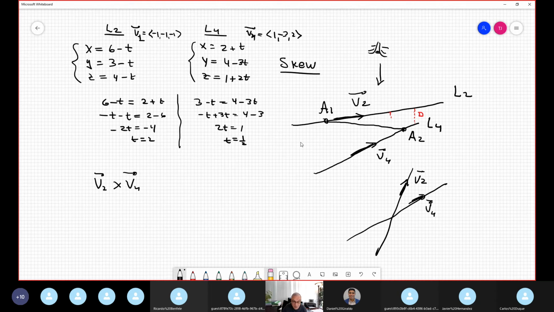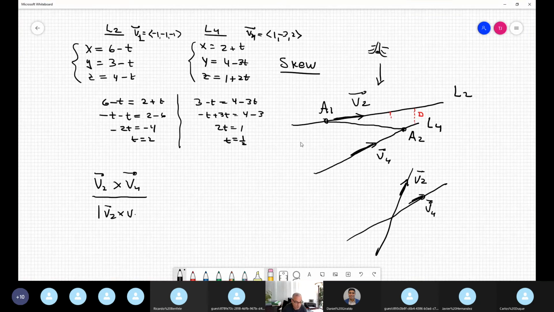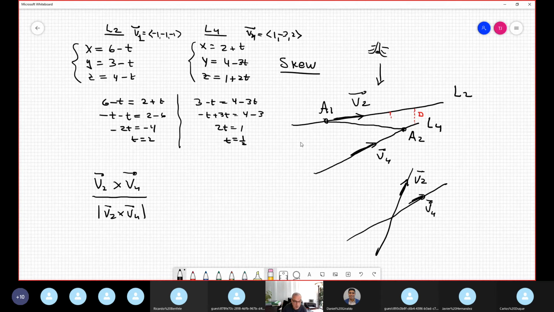I know that this vector is perpendicular to B2 and B4, divided by the magnitude of B2 cross B4. And this is the unit vector, but this unit vector is perpendicular to the lines. Now, after that, you find, let me call this vector, I don't know, let me call it vector M.